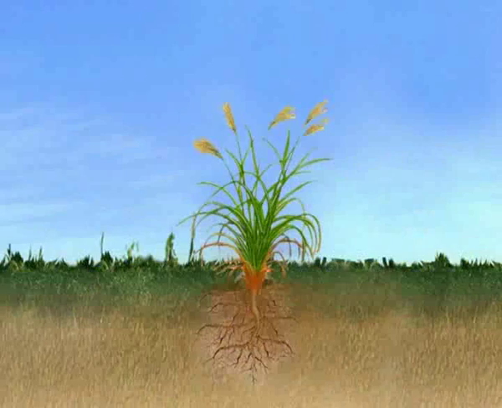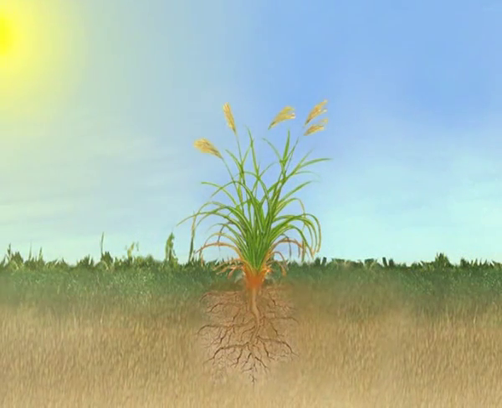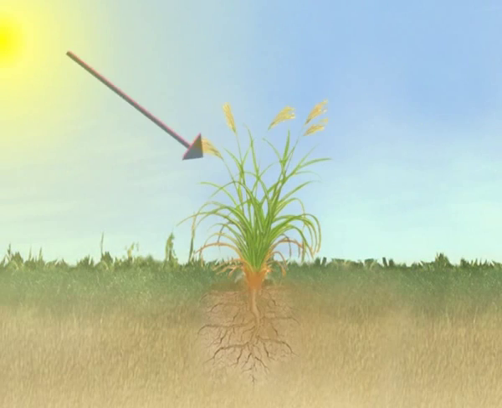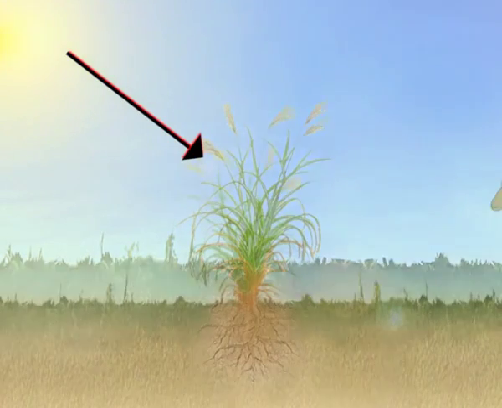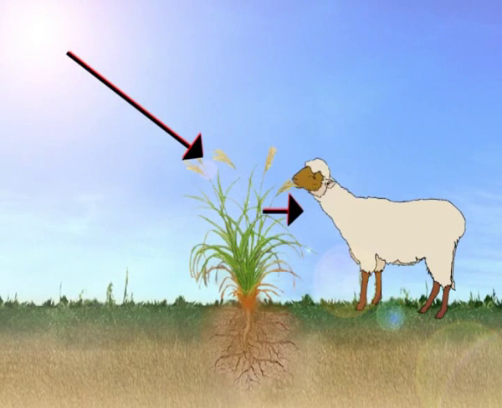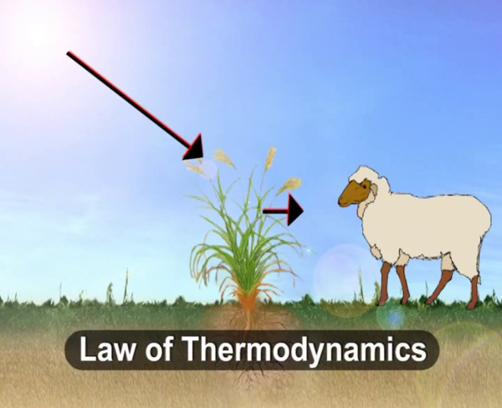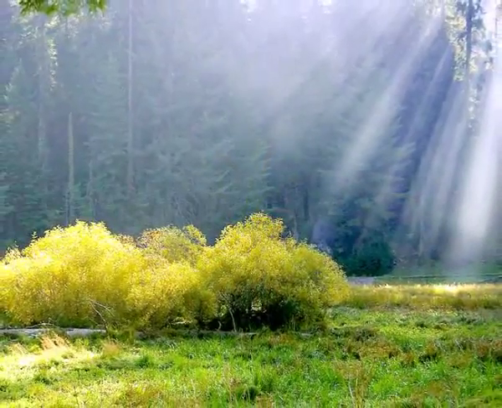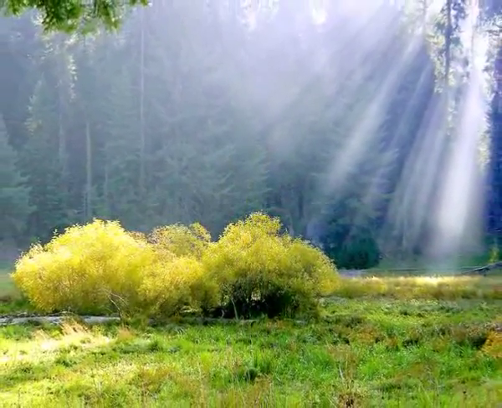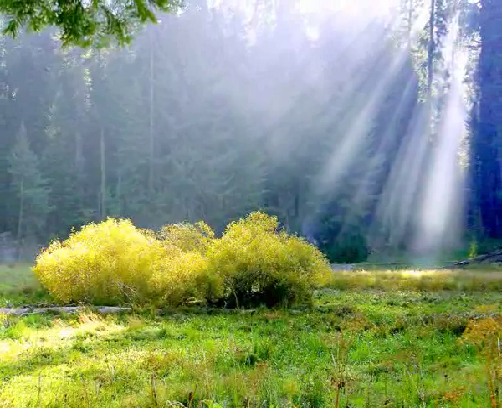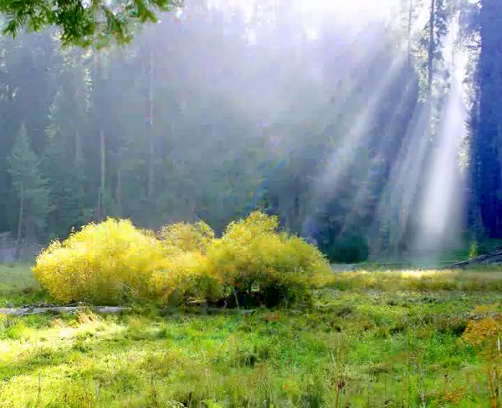So you find unidirectional flow of energy from the sun to producers and then to consumers. This is known as law of thermodynamics. Further, ecosystems require constant supply of energy to synthesize the molecules.